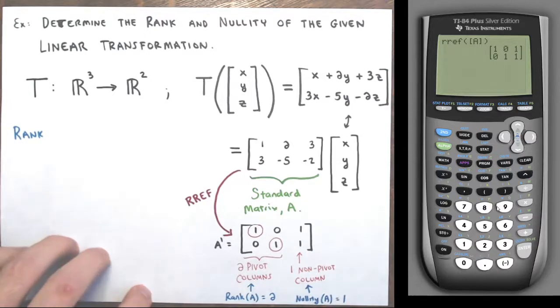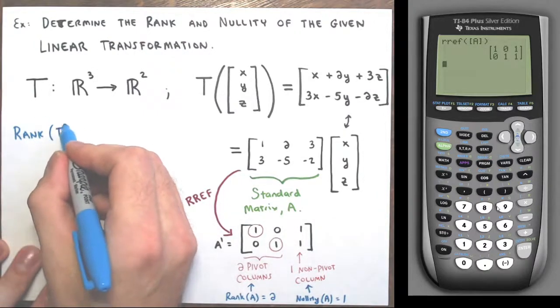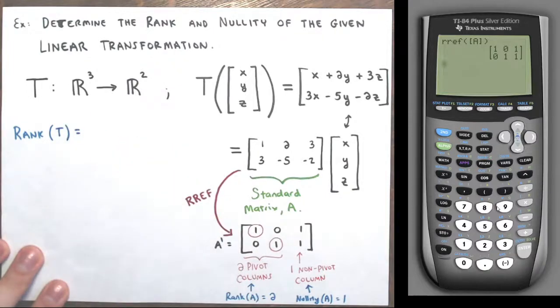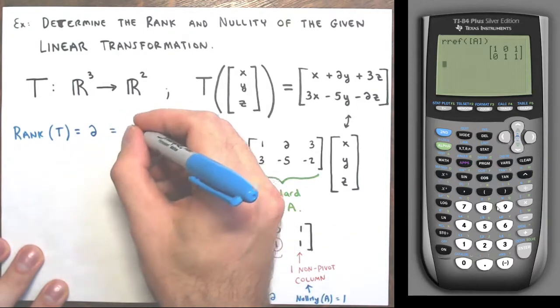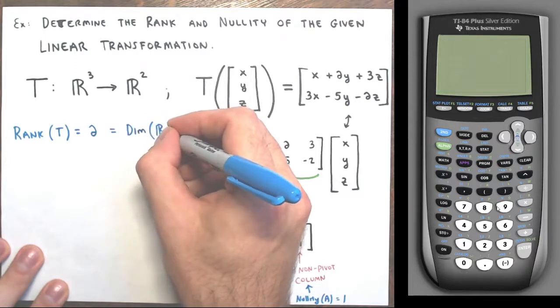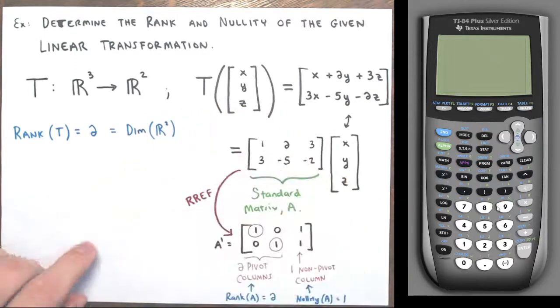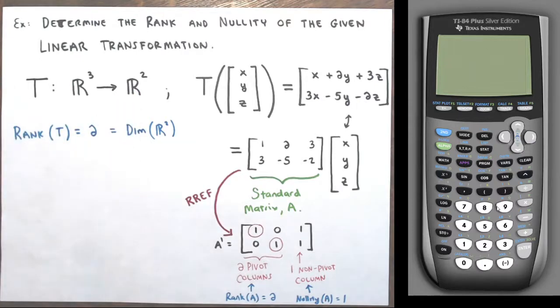And as I mentioned earlier, the rank of the standard matrix is the same as the rank of the transformation. So the rank of the transformation is 2, which, by the way, is the same as the dimension of the codomain. That is equal to the dimension of R2, the codomain. That tells me that the range must be equal to R2.